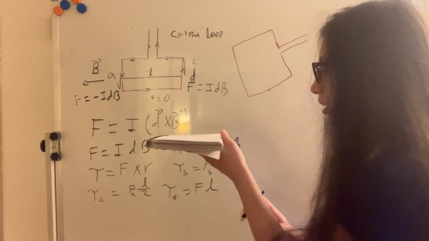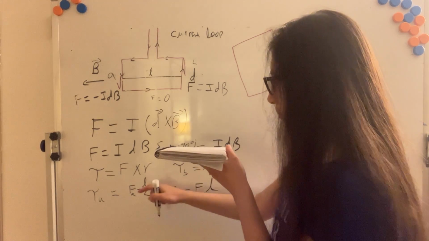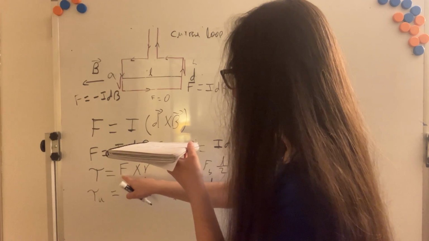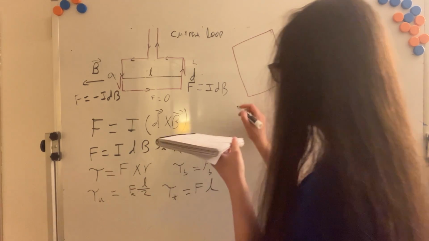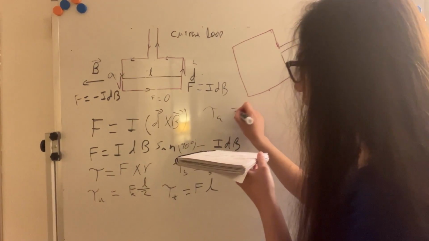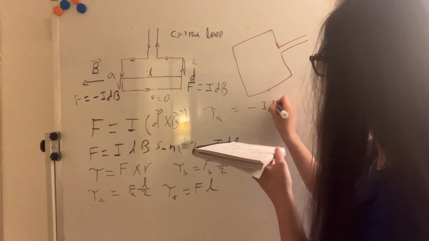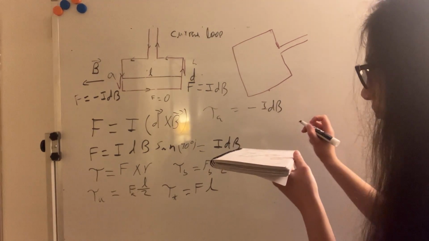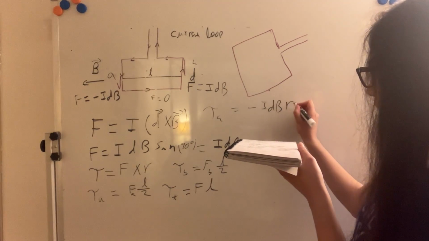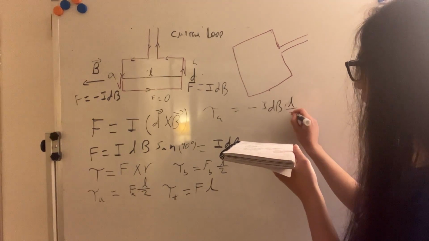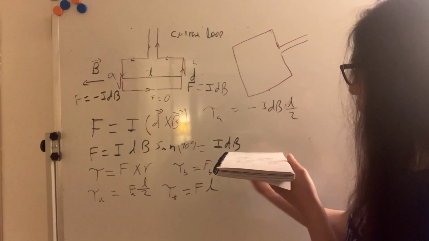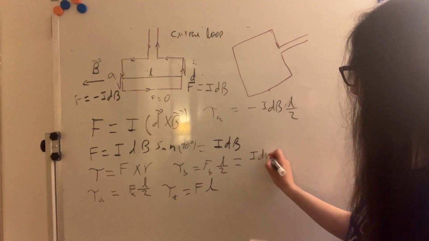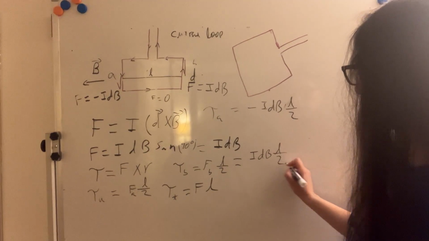So for the torque at A we have negative I d B times half L, and for the torque at B we have positive I d B half L.